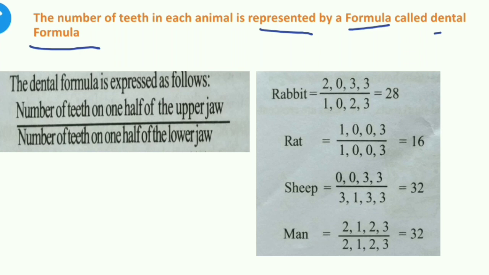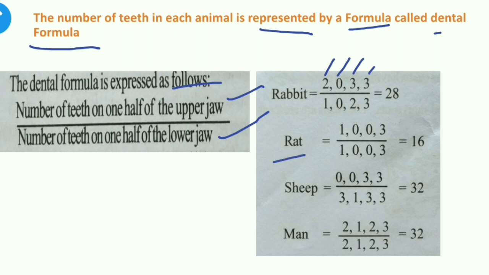The dental formula is expressed as the number of teeth on one half of the upper jaw over the number of teeth on one half of the lower jaw, in the order incisors, canines, premolars and molars, multiplied by 2. For example, the rabbit dental formula is 2033 by 1023.